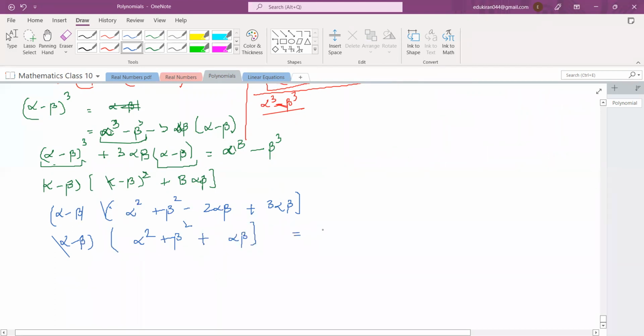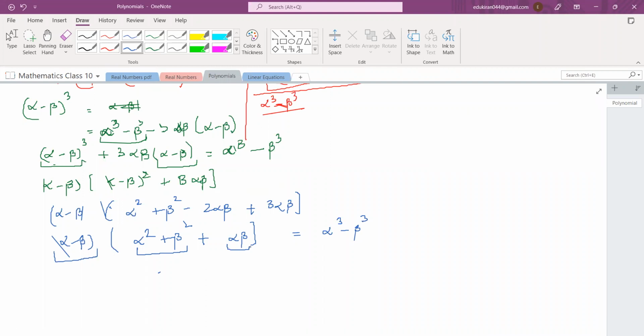So this will be equal to your alpha cube minus beta cube. So here you will have to substitute the values of alpha square plus beta square from the previous terms, alpha minus beta, and also alpha beta you already know, and then you will be able to get alpha cube minus beta cube. Clear? Yes. And if you have alpha cube plus beta cube, then you make use of identity of alpha plus beta whole cube. Then you will obtain the results.